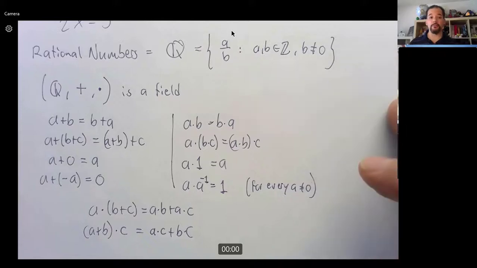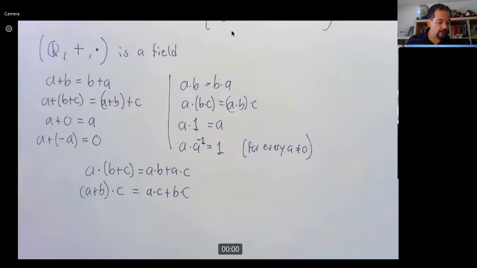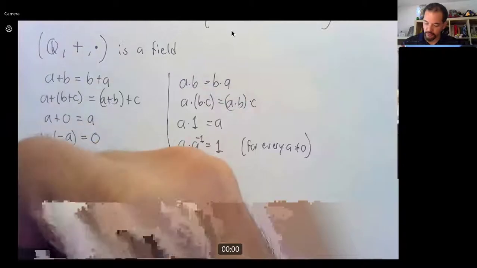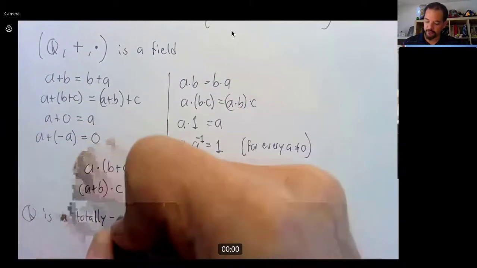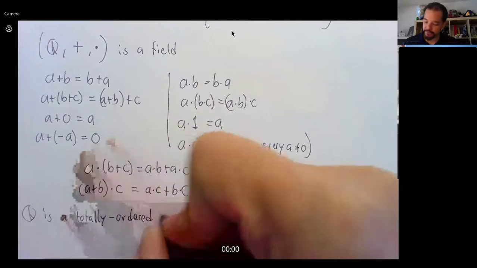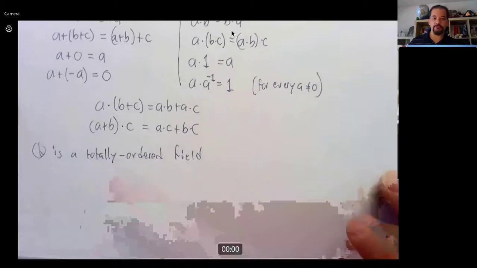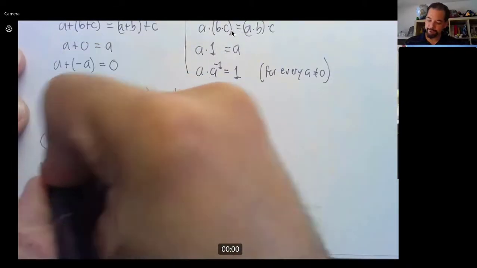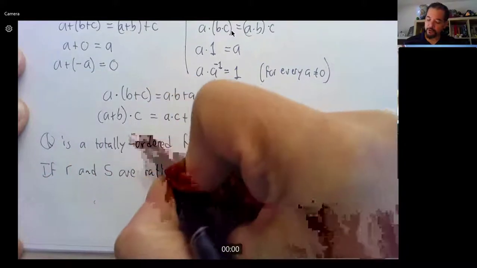Now, the rational numbers actually have another nice property, which is they're not only a field, they are an order field. Q is a totally ordered, that's a more correct term, field. And what do I mean by that? Well, I mean the following. If you have two rational numbers R and S, then you can compare them.